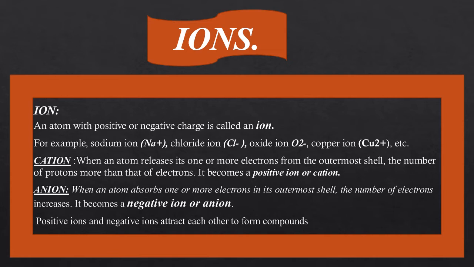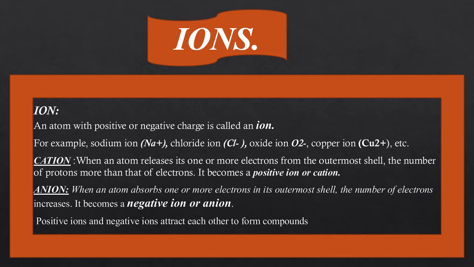When an atom absorbs electrons, whether 1, 2 or 3, in its outermost shell, the number of electrons increases. Now the number of electrons is more than the number of protons. That is why the atom gains negative charge, and the atom with a negative charge is called an anion.